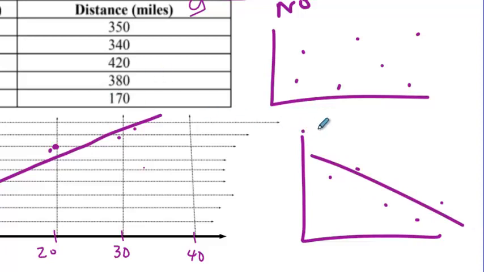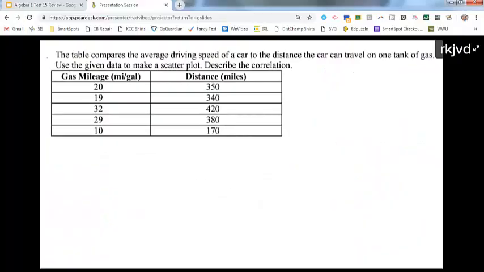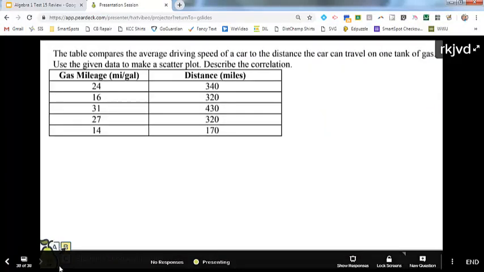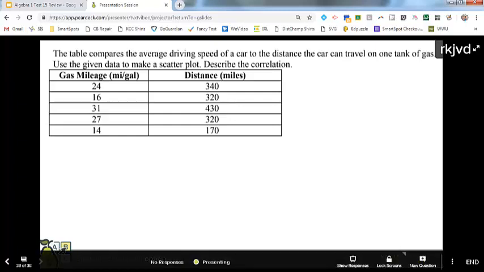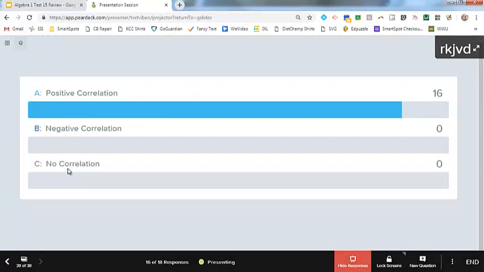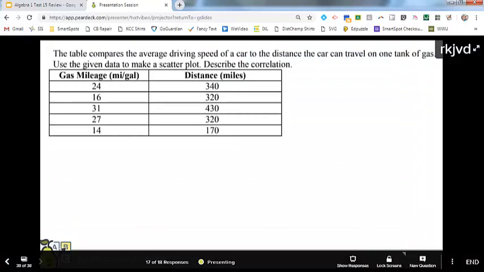So this is negative, this is positive, and this one over here is no correlation. On your own. Okay, so everyone agrees it's a positive correlation, it looks like. Good job.